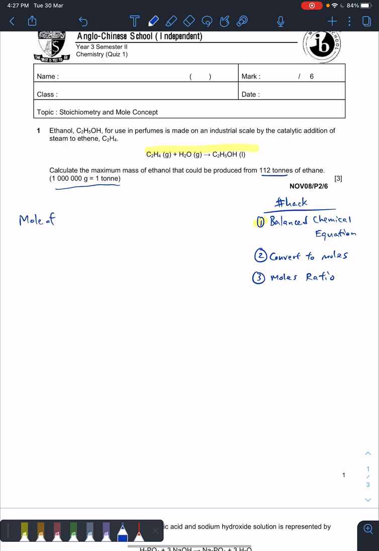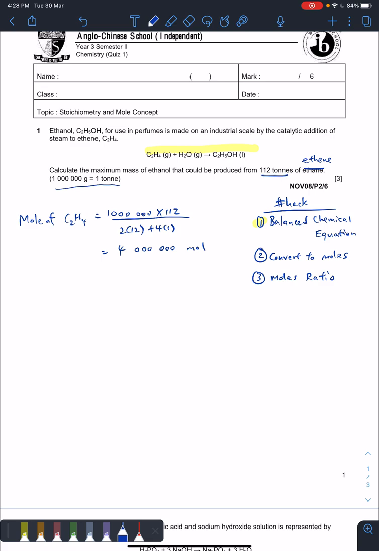So mole of ethene, sorry, this is ethene, mole of ethene C2H4 equal to 100,000 times 112 divided by the MR, which is 2 times 12 plus 4 times 1, divided by 24 plus 4. So you actually get 4 million moles.